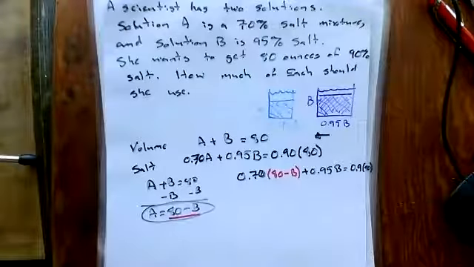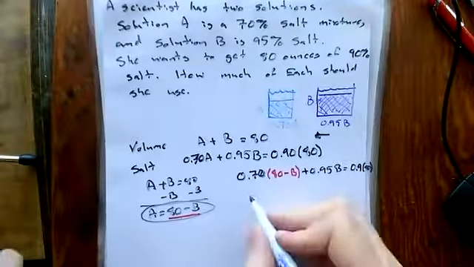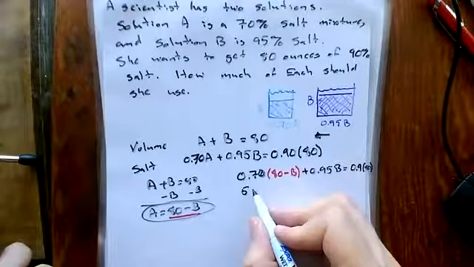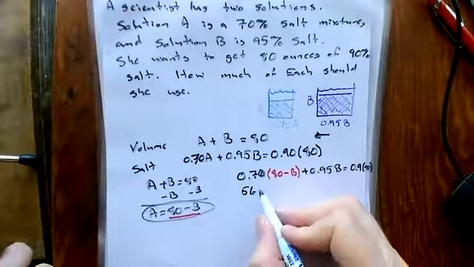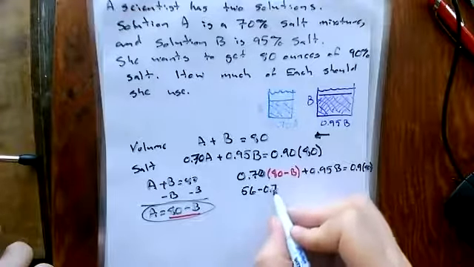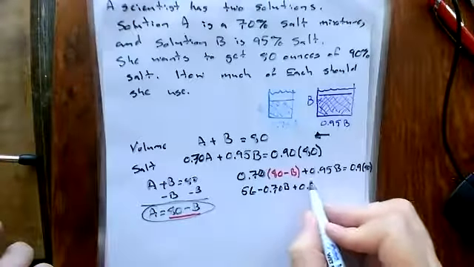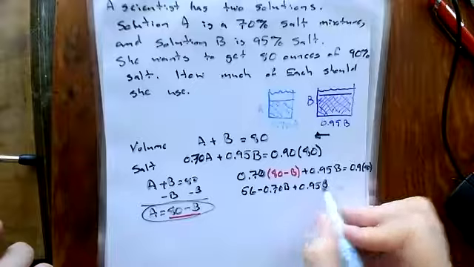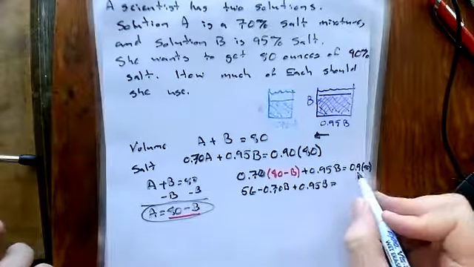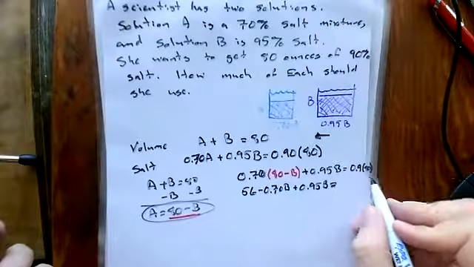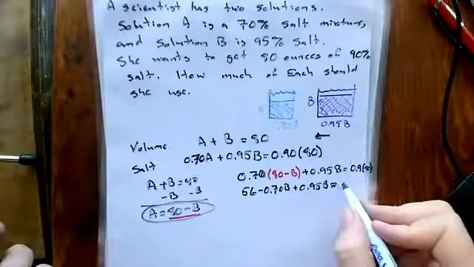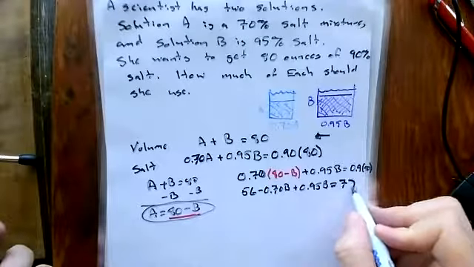So when I do this, I will end up with 70% of 80, which is going to end up being 56, and then minus our 0.70b, and then plus our 0.95b. And over here we've got 90% of 80, which is going to end up being 72.